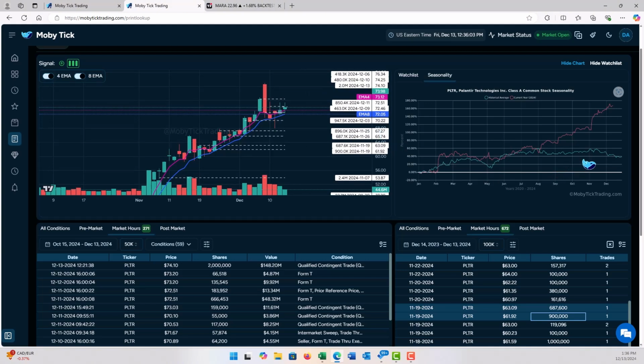The seasonality for PLTR, like the red line here is the current year in this chart on the right hand side, and the green line is the historical seasonality. Now this one only goes back to 2020, so in the average of 4 years, what actually happens is in December we go sideways and down, January is a little sideways, middle of January it starts going up, so historically.